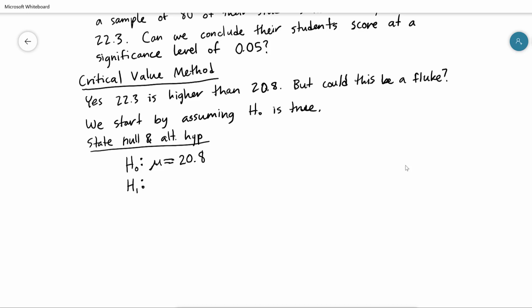But the alternate hypothesis is no, that their test prep did improve scores, so what we're saying is mu is the average score of all the students at the test prep company.